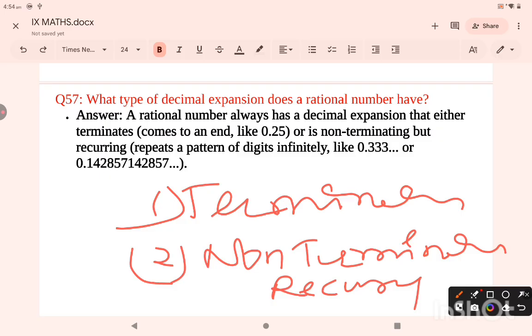These two can be expressed in the form of p by q. Therefore, all the terminating decimals and all the non-terminating, recurring decimals are rational. So, a number whose decimal expansion either terminates or is non-terminating but recurring is a rational number.